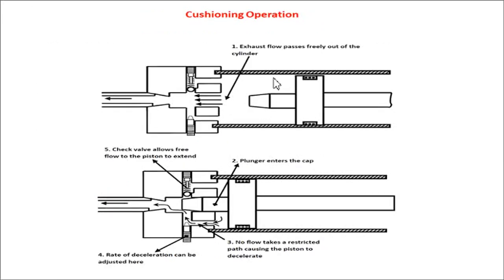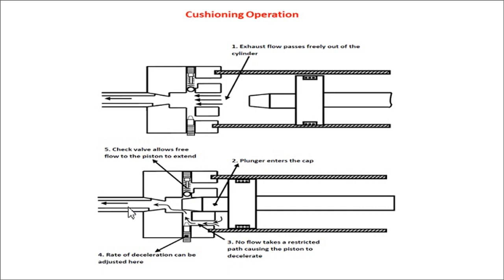This diagram will show you how exactly the cushioning effect is obtained. You can see that this is a metered flow. When this plunger comes to the end of the stroke, it closes the free motion of the fluid going out of this actuator, and because of this, the fluid trapped at the rod end side has to move through a metered path to get out of the actuator.